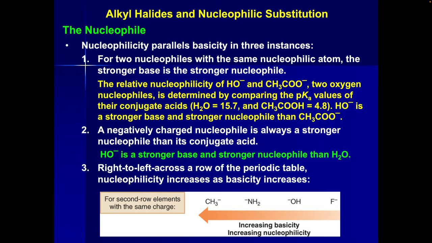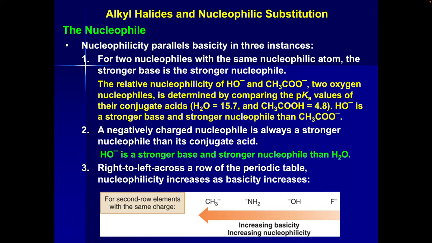Okay? It doesn't matter in the SN1 reaction, because it's only generating that carbocation that's the slow step. But in an SN2 reaction, right, the nucleophile has to come in at the same time that the leaving group is leaving. Both of them are involved in that single step of the reaction, right? And so in SN2 reactions, the nucleophile does matter, okay?